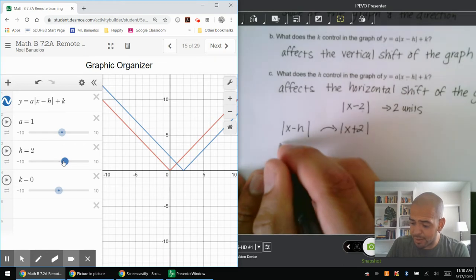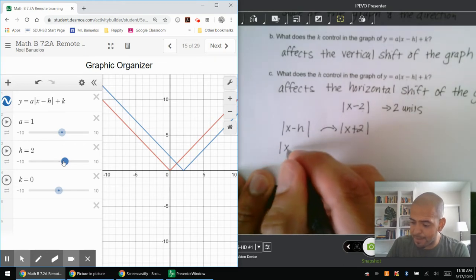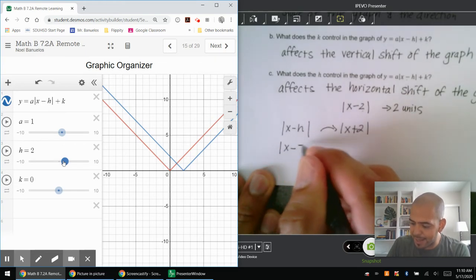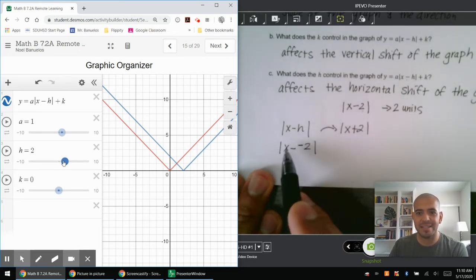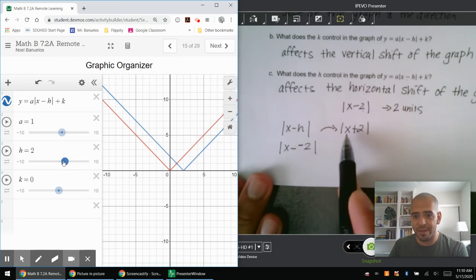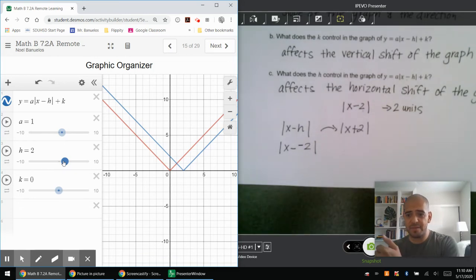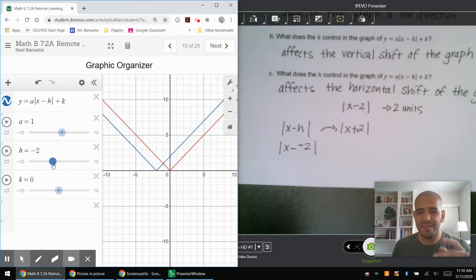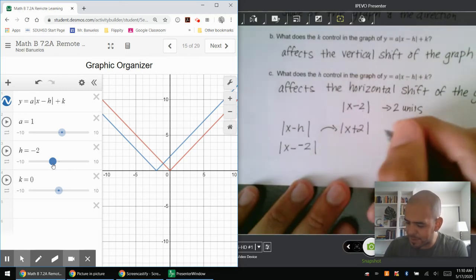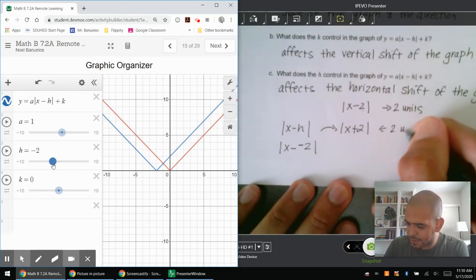Well, guess what? You did x minus -2. So really, x plus 2 is x minus -2. So really, this is a shift to the left. -2. So that's the tricky one, okay? So this is left 2 units.